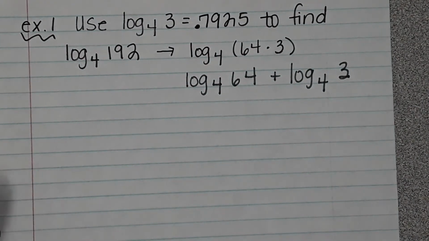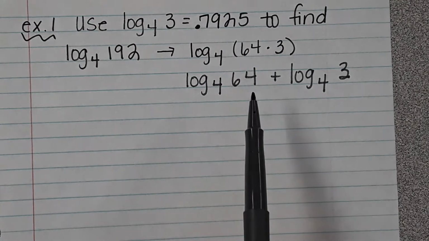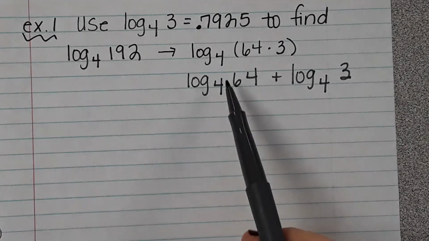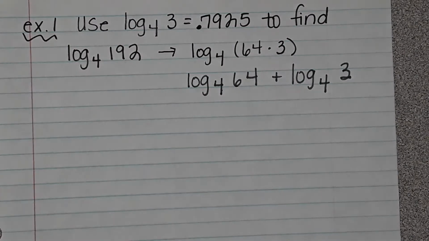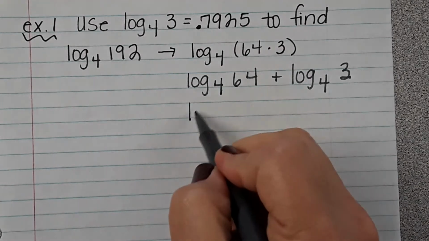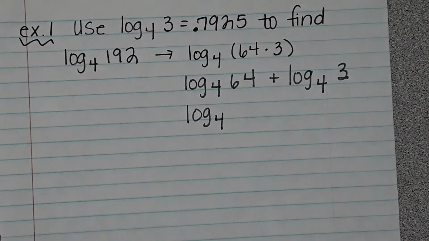But I know what you're thinking. This is not log base 4 of 3. But do we know something about 64? Yep, but remember 8 and 4, they don't mix. What mixes with 4? 4. How many 4s does it take to get 64? 3.